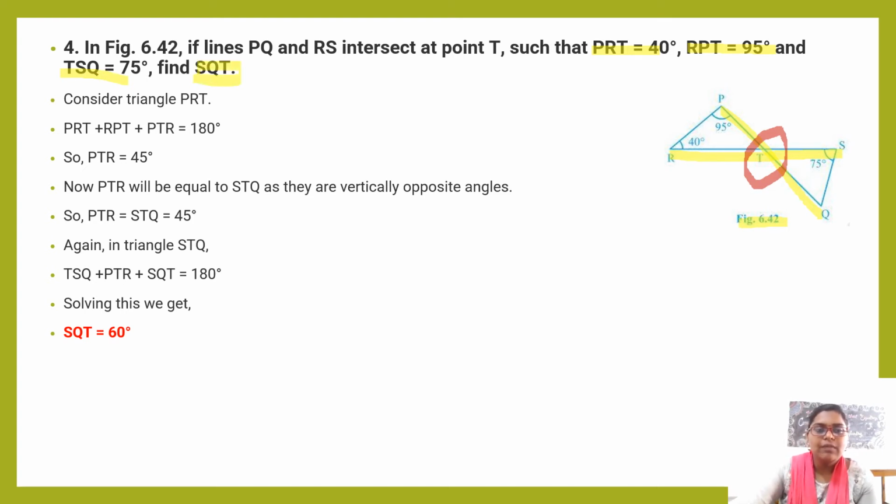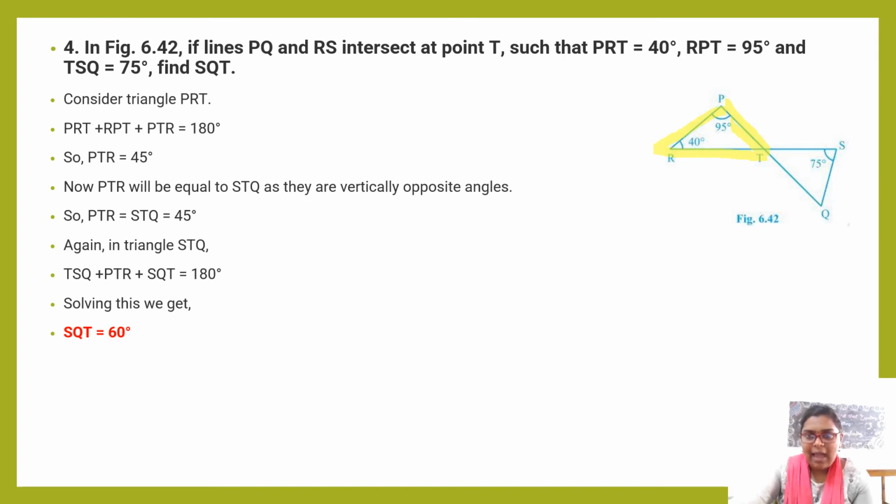Okay? So now we will see. First we are going to consider this upper triangle, the big one. So PRT. We are going to consider this PRT. One minute, I will highlight. So this is PRT. This triangle we are going to consider. Right?